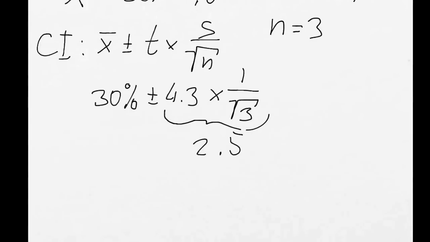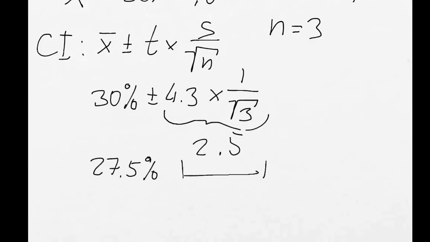So we know that the true concentration of our honey is most likely between 27.5% and 32.5%.